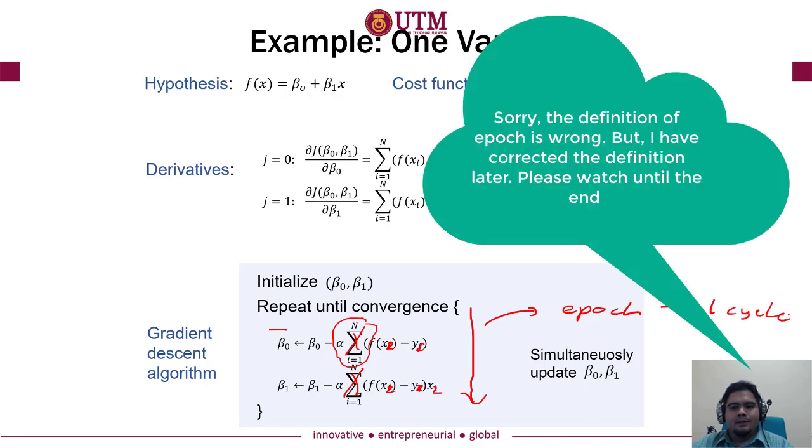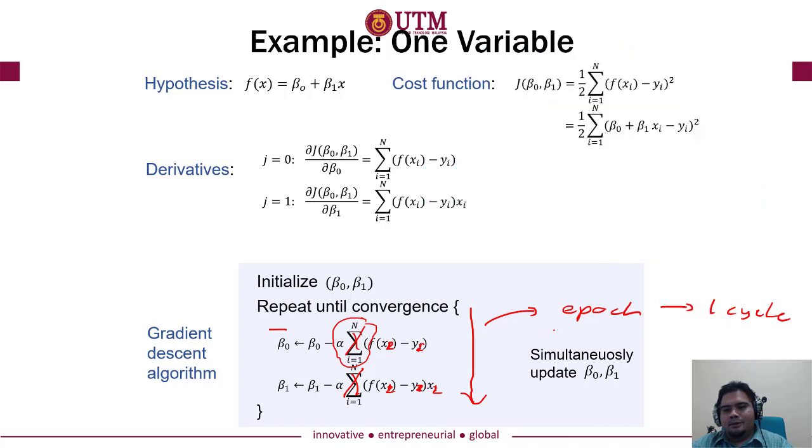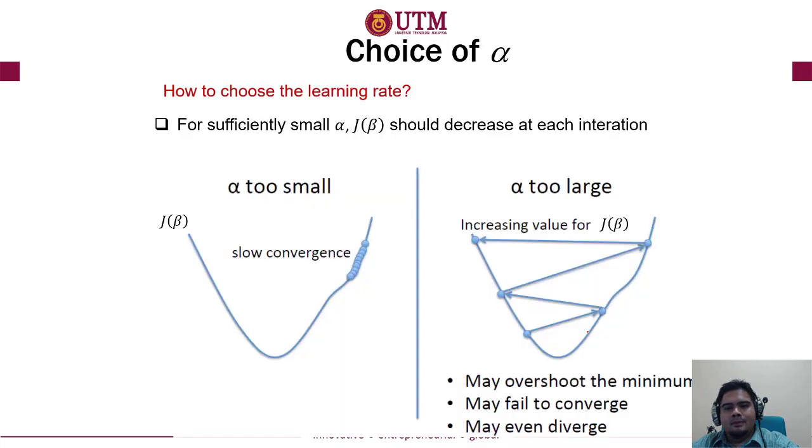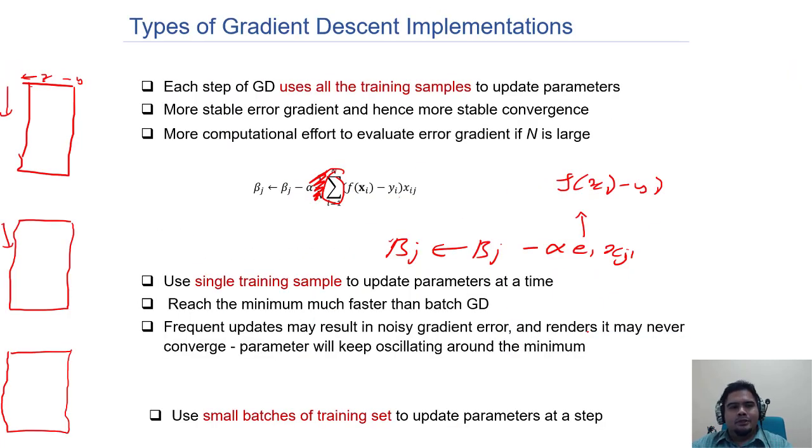So if you repeat for the second time, that is the second epoch. You can use the word cycle, but you still need to be familiar with the word epoch. In one epoch, if you talk about batch gradient descent, you need to run the whole 1000 before you can update your beta.